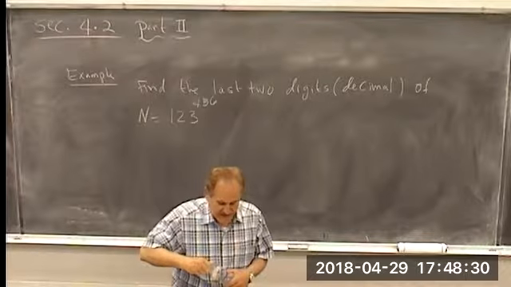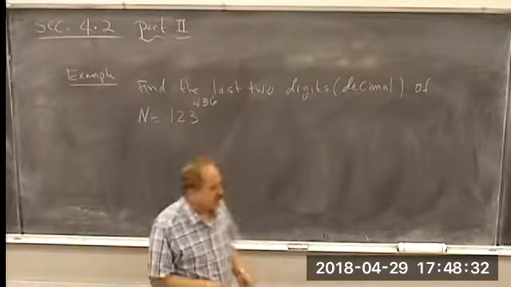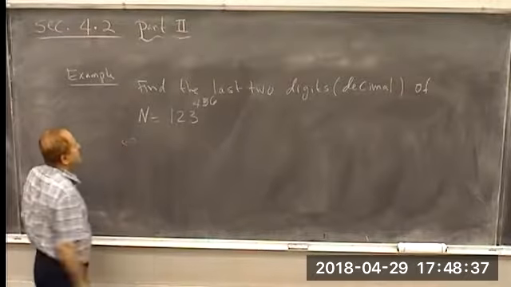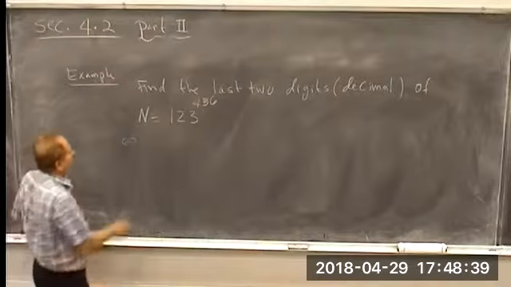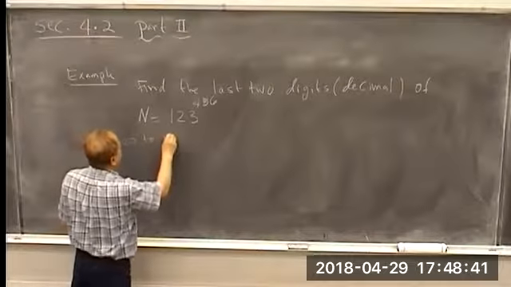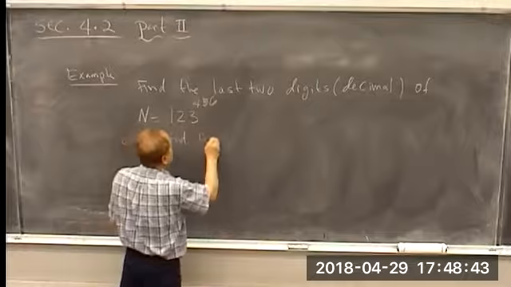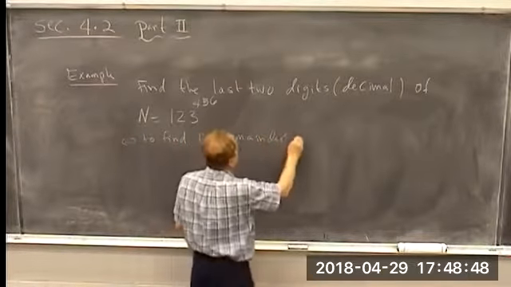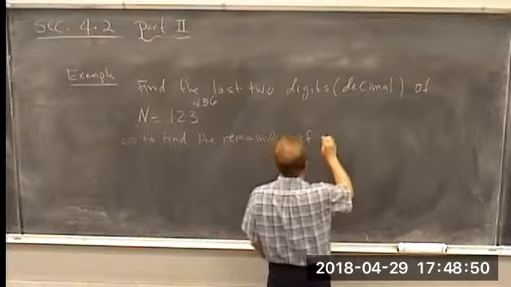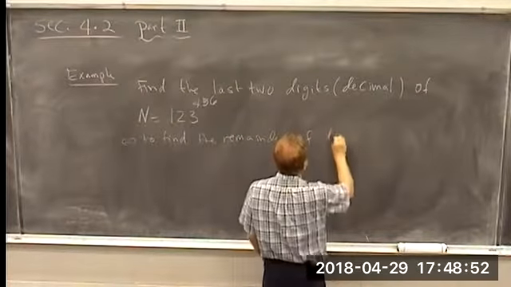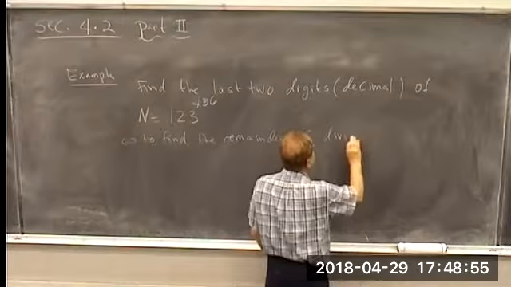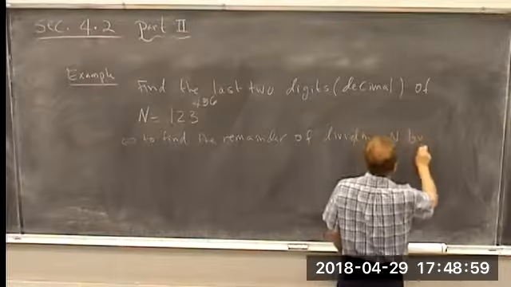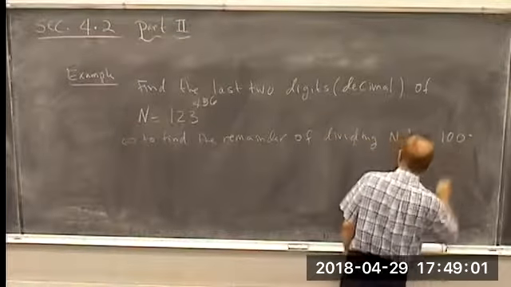The idea is that this is equivalent to finding the remainder of dividing n by 100.